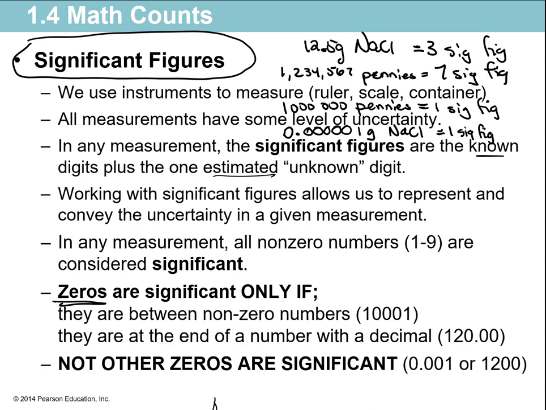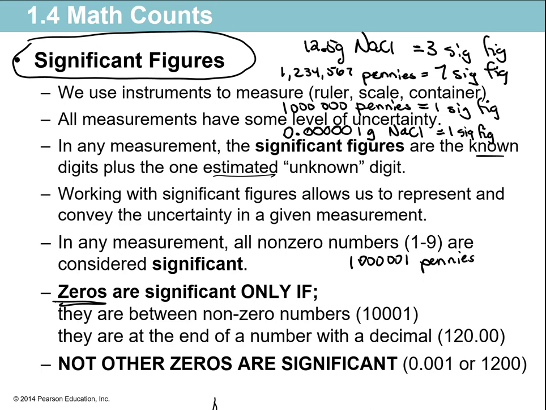So there's only 2 times that zeros are significant. Zeros are significant when they're in between. So if you said that I have 1,000,001 pennies, that means that I actually counted out 1,000,001 pennies. So those zeros in between, now they're considered counted.